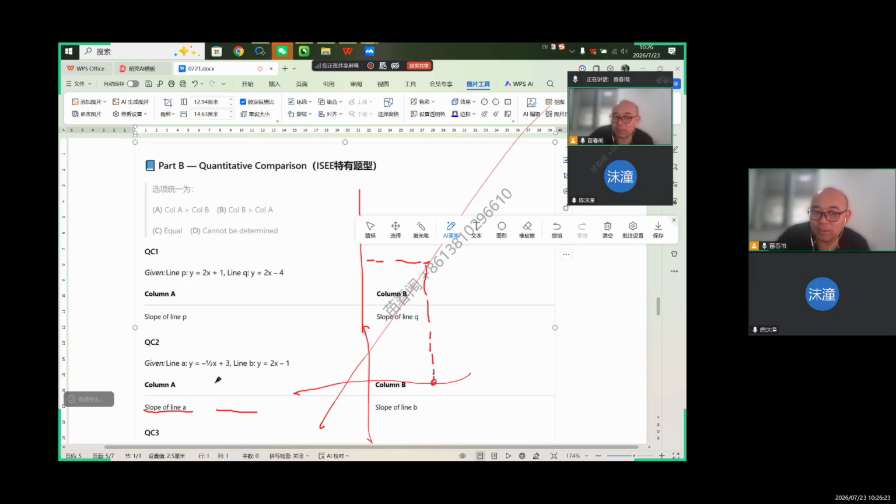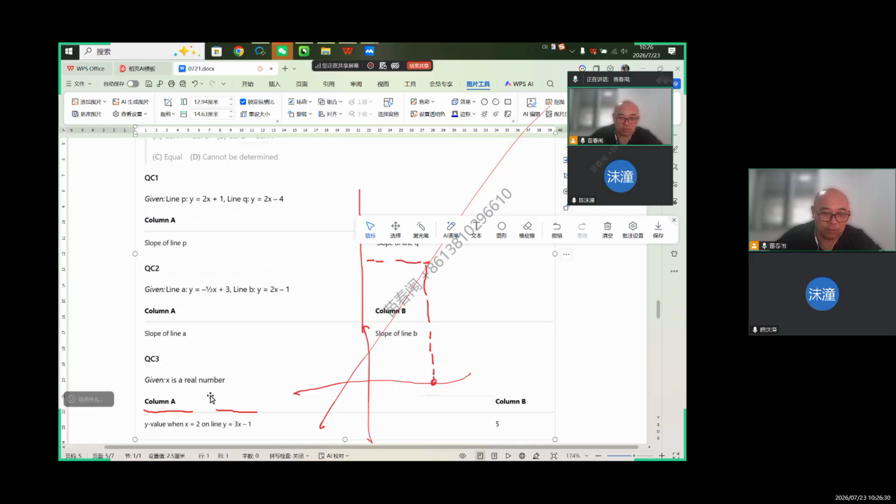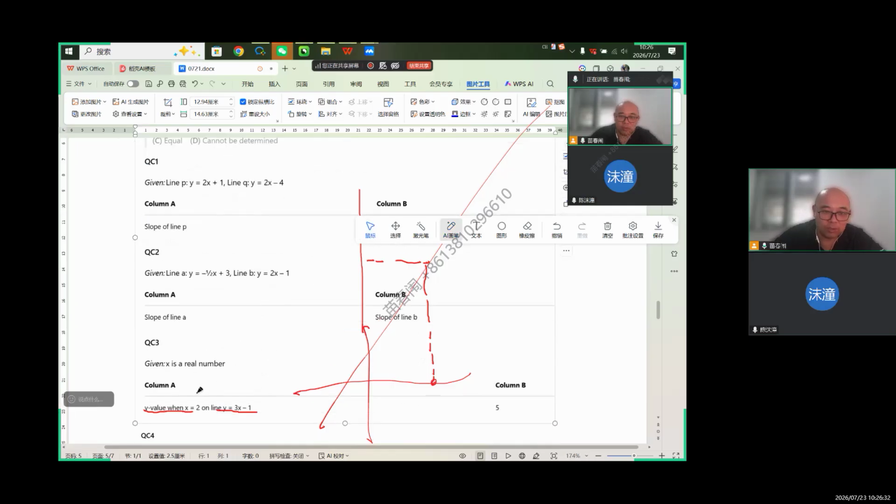Which means you should substitute, because that's your point equation. Don't think about it as your line equation. Yeah, it's the point equation.